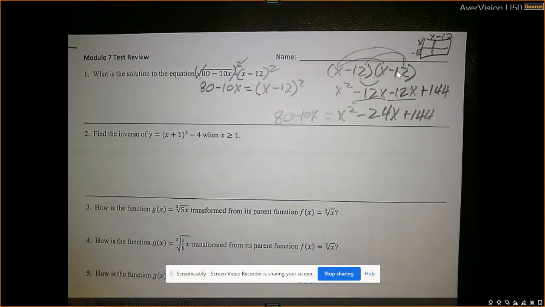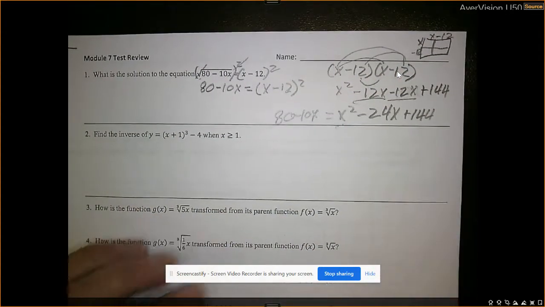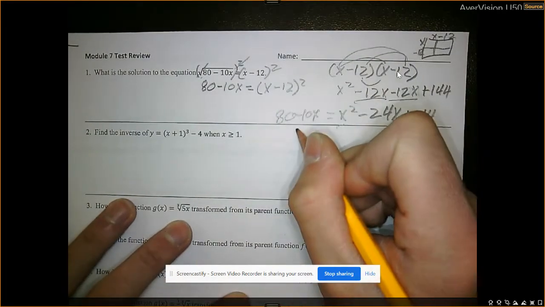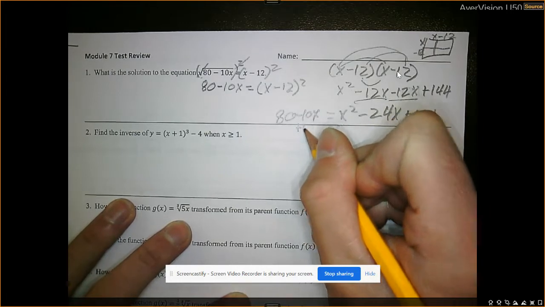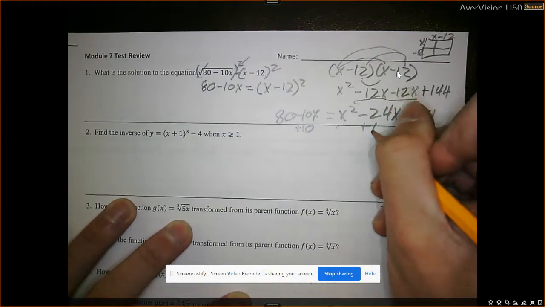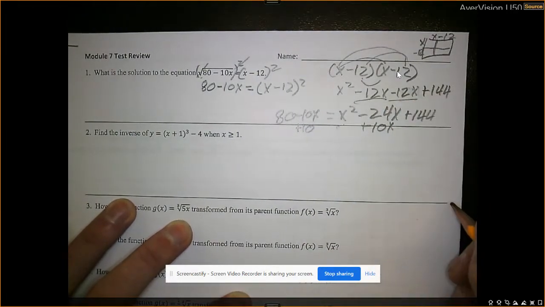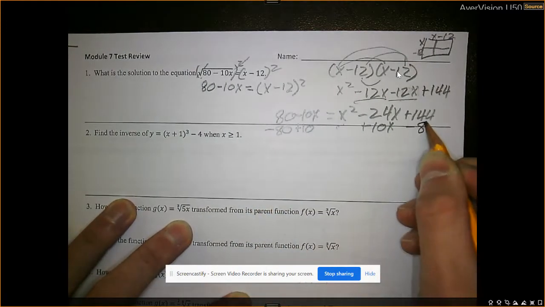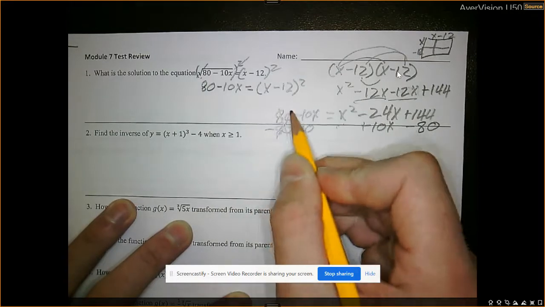Now, if I'm going to solve this, we have an x squared, so this is a quadratic that I have to solve. I need to get everything onto one side so that it's set equal to 0. So I'm going to add 10x to both sides, and subtract 80 from both sides, so those cancel.